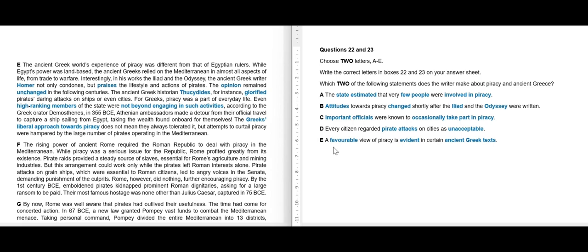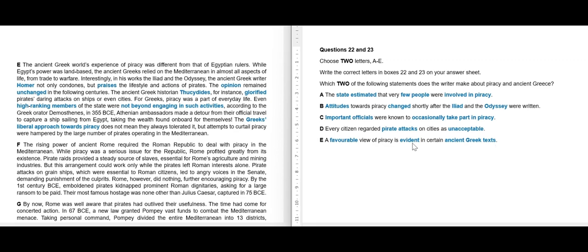Option E. A favorable view of piracy is evident in certain ancient Greek texts. The keywords in the question are favorable, evident, Greek texts. Now in this case, since the question mentions Greek texts, look for either books or writers.